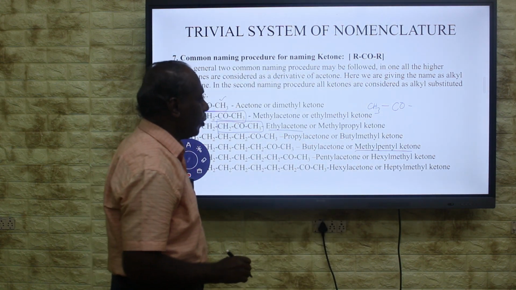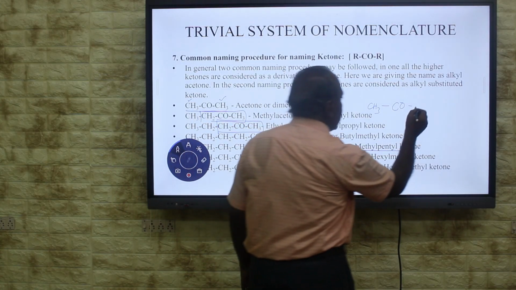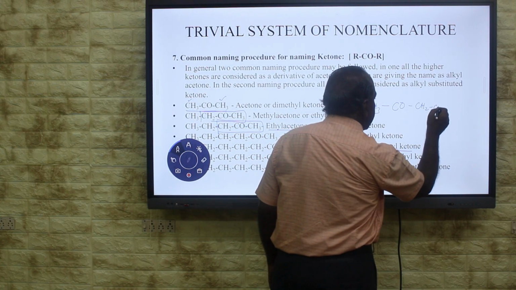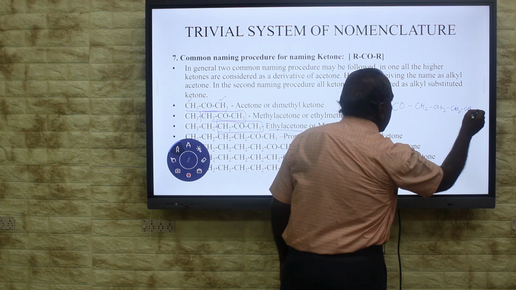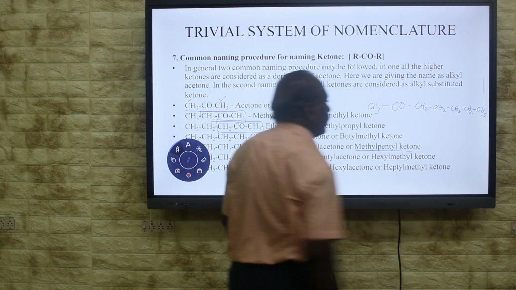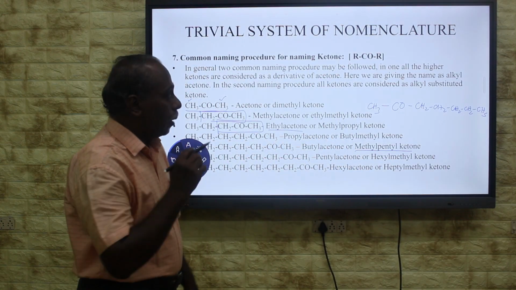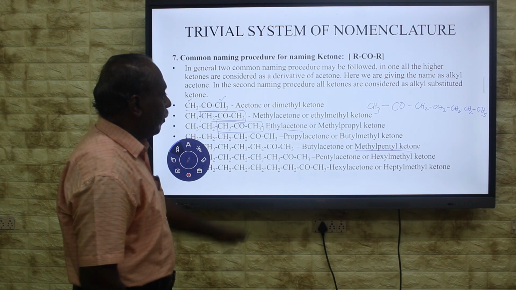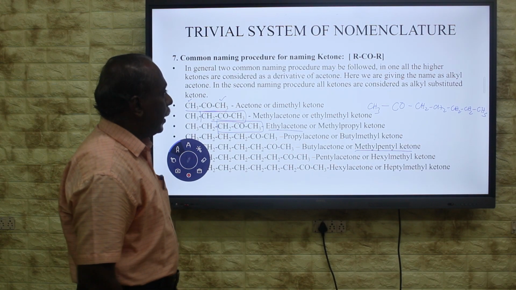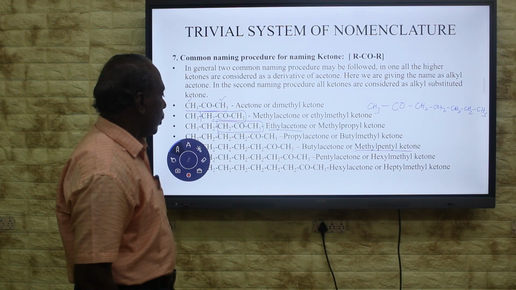Then on the other side you substitute pentyl: CH2, CH2, CH2, then the final one is CH3. It can be checked with the help of the general formula CnH2n+1. It is the way to write the common name for ketone.